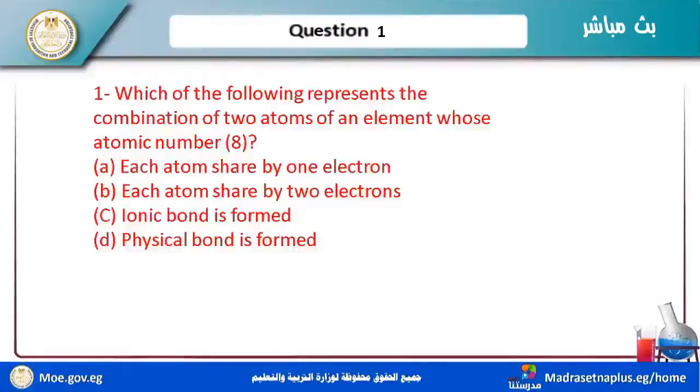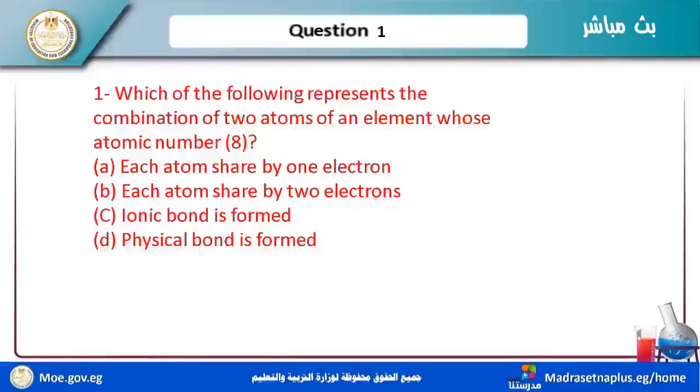First, each atom shares one electron; each atom shares two electrons; an ionic bond is formed; a physical bond is formed. Now, you must use your paper and pencil and write the electronic configuration of oxygen 8: 1s2, 2s2, 2p4.